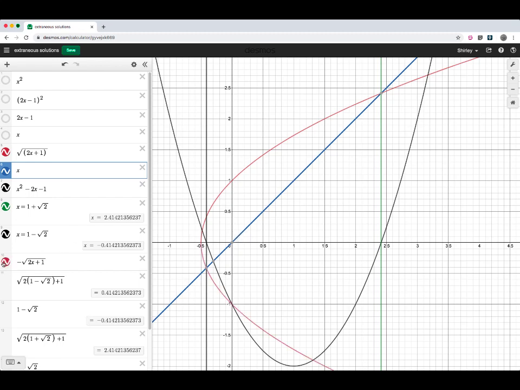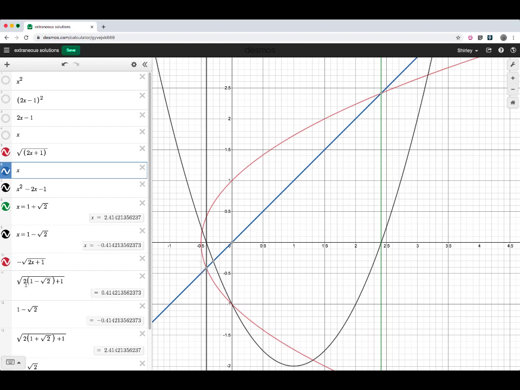However, as I said, the difference is just a sign away. So it is where the blue curve intersects with negative radical 2x plus 1. You can see it algebraically here.